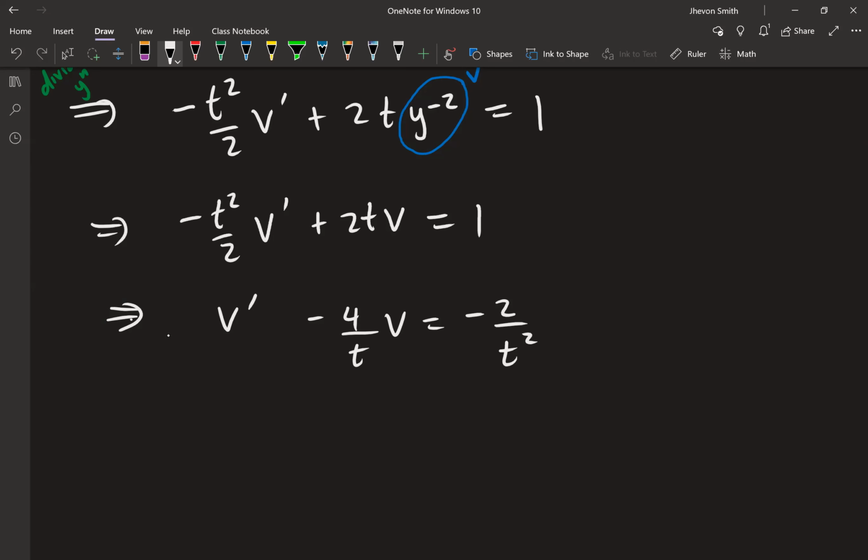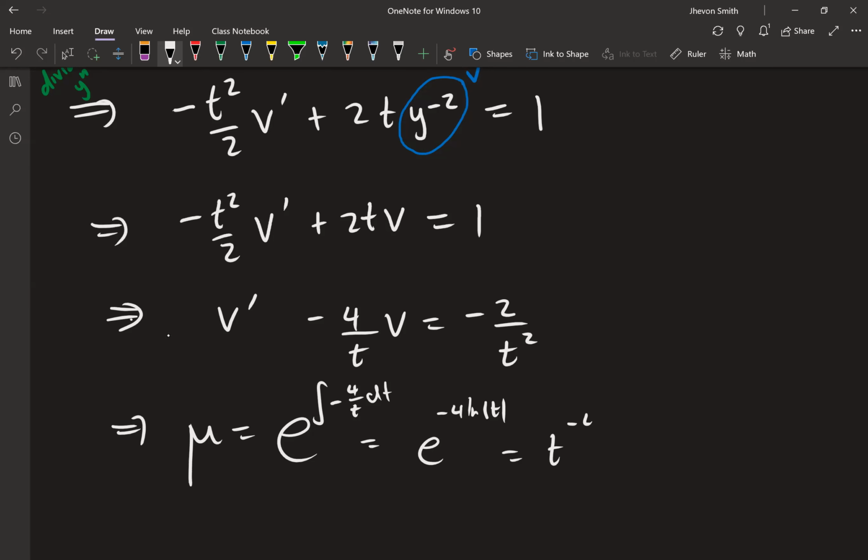So I multiply by 2 over t minus 2 over t squared, the whole equation. And that puts it in the situation where I can find my mu. Mu is going to be e to the integral of the minus 4 over t. This is going to be e to the minus 4 ln t. This is pretty much going to be t to the minus 4.